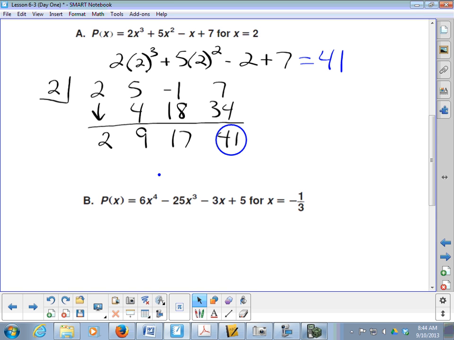If you do it right, the numbers turn out good here. And don't forget your x squared. Nope, it's negative 1/3 because it says x equals negative 1/3.